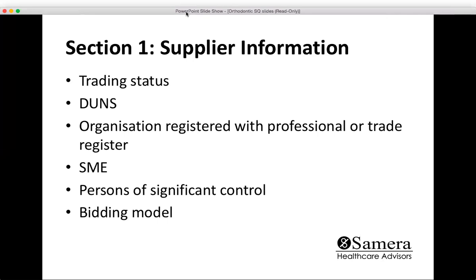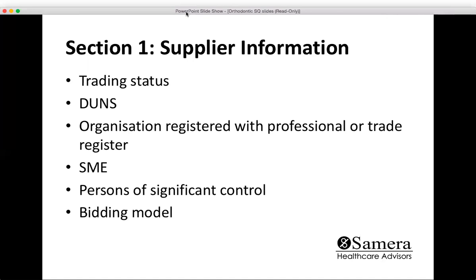When you actually go into the question, you would need to provide the information they are asking for each individual person of significant control. That's things like name, date of birth, nationality, and address. It's just so that they can understand who exactly are the people who own the business.